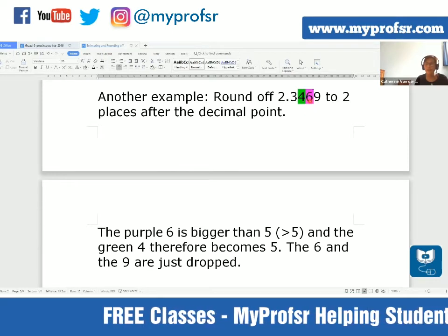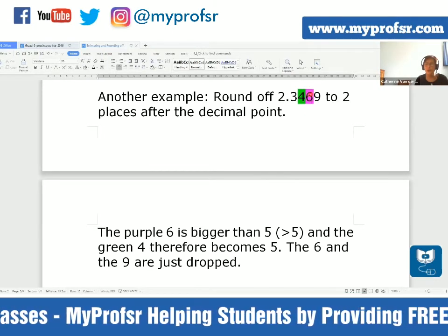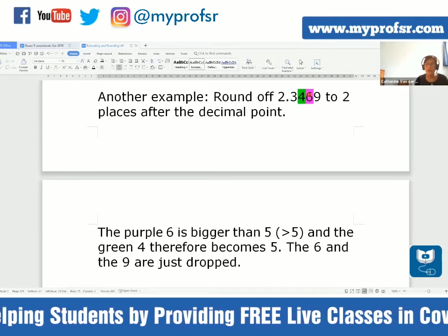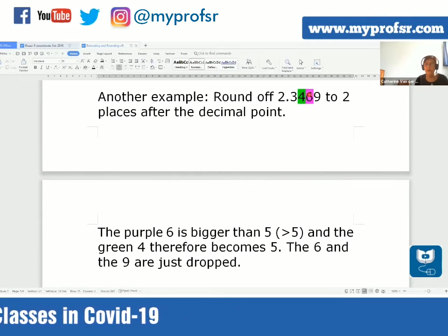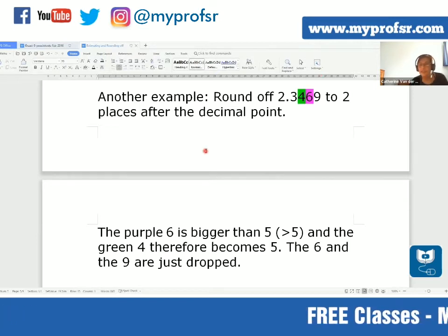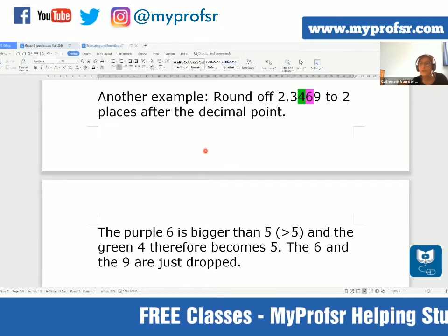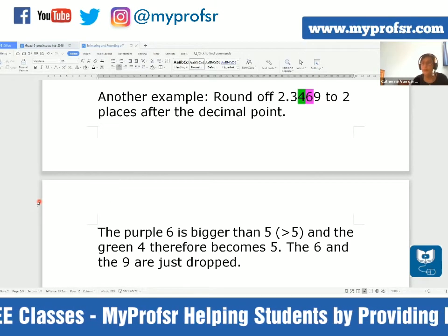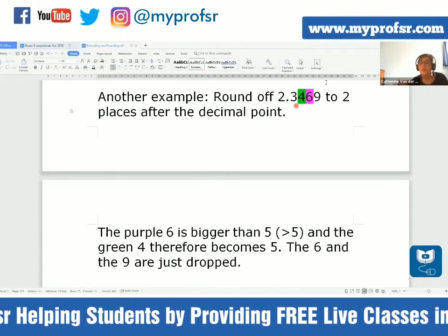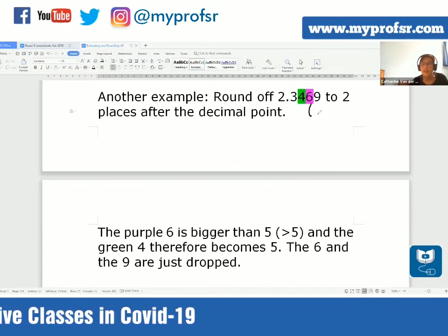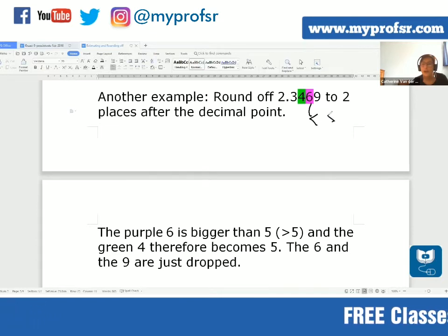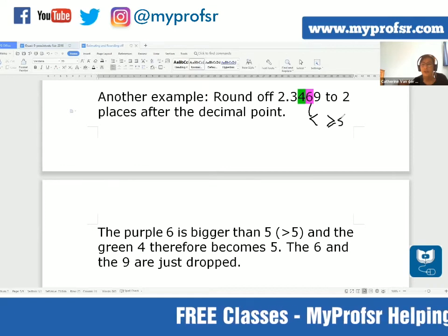We have to look at the purple placeholder and we have to see whether this placeholder, the thousands placeholder, is smaller or bigger or equal to 5.